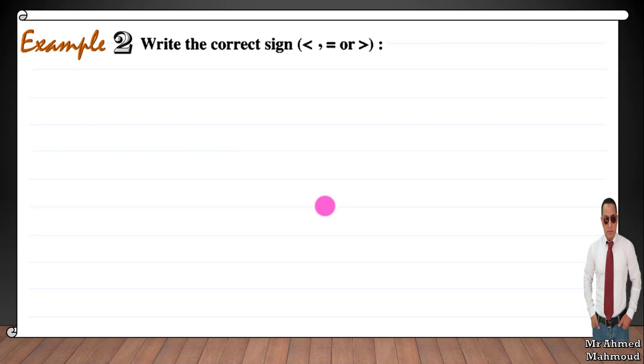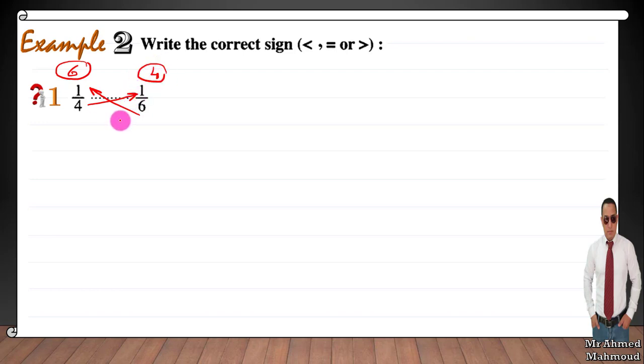Write smaller than, equal or greater than in the suitable place. 1 over 4, what? 1 over 6. Okay, now I have two ways. I can make a cross multiplication, or I can use the least common multiple, but the easiest way is cross multiplication. 6 times 1 equals 6, and 4 times 1 equals 4.